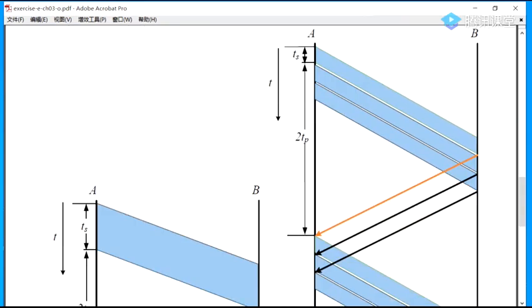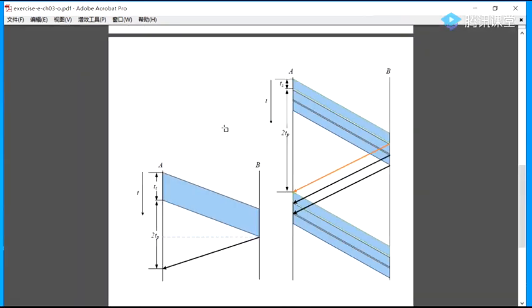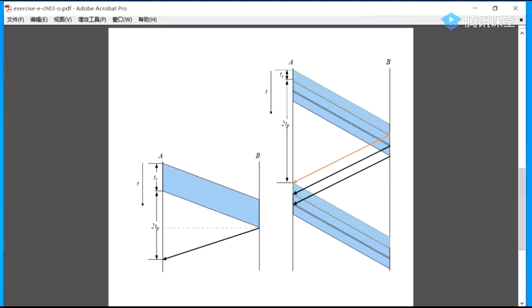So before illustrating the answers, I will analyze the ARQ protocol. ARQ means the sender sends several frames simultaneously.